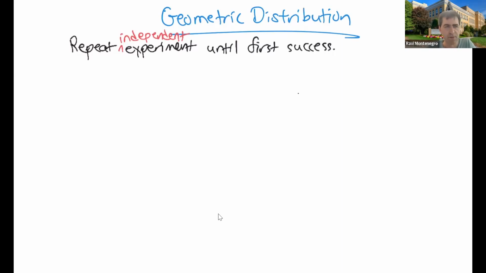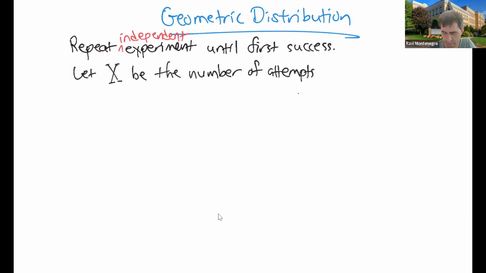And the question that we'll be looking at is how long does it take? So let X be the number of attempts until success. And this will be a random variable because I might succeed the first time, or it might take me 10 tries.